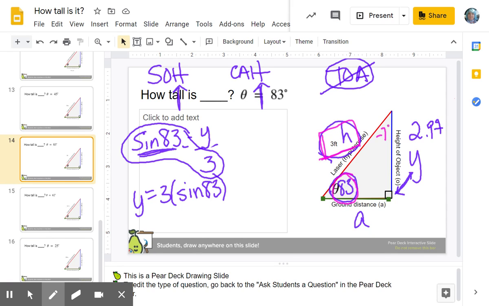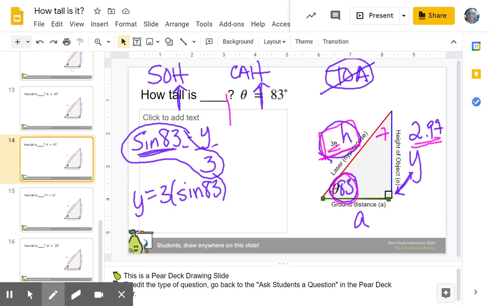It means this angle is 7 degrees. It means this is almost going to be 3, but it can't actually be 3 because it has to be shorter. Does that make sense? Normally I would say yes, round that to 3, but you can't have a triangle with a height of 3 and a diagonal of 3. It's just a really tall, skinny triangle.